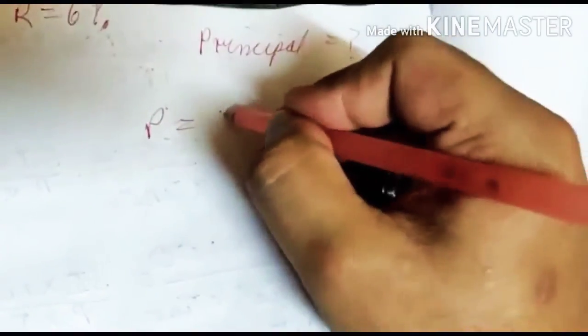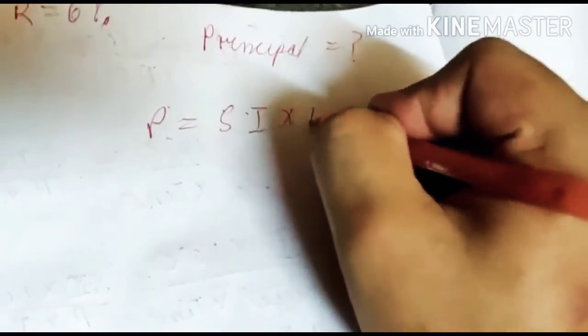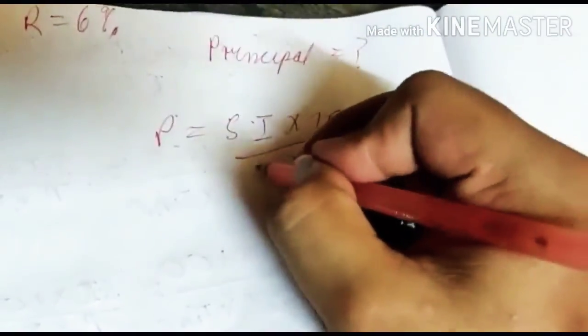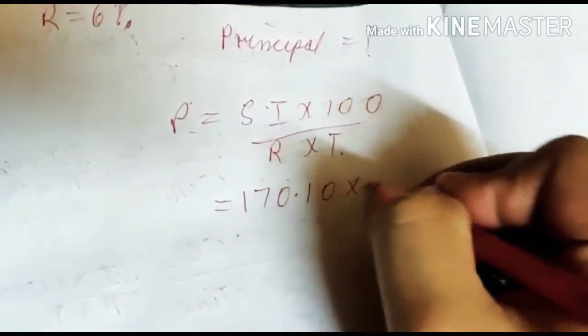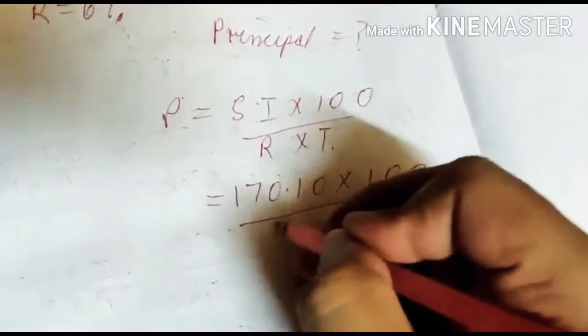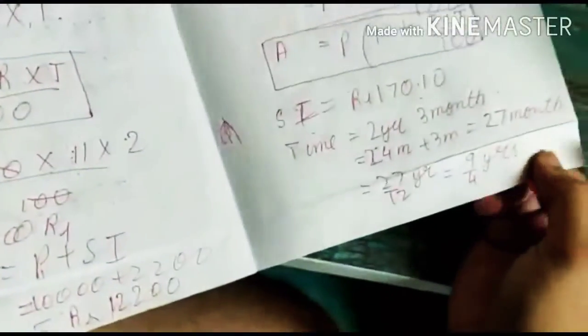The formula for principal, as we wrote on the last page, was SI into 100 upon rate into time. So SI here is 170.10 into 100 upon rate, which is 6%, and time came out to be 9 by 4.